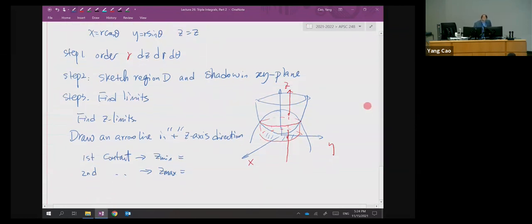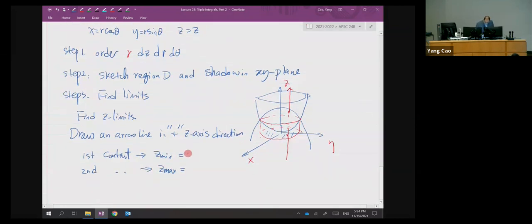Okay, so Z min is the bottom surface, which is x squared plus y squared, right? But you don't use x, y anymore. You're using cylindrical coordinates, so your x and y should be replaced with r cosine theta and r sine theta. Once you substitute into this, it becomes pretty obvious, and you end up with just r squared.